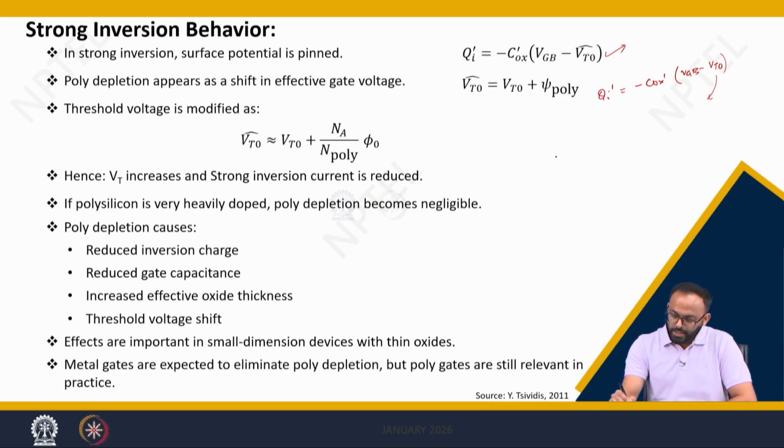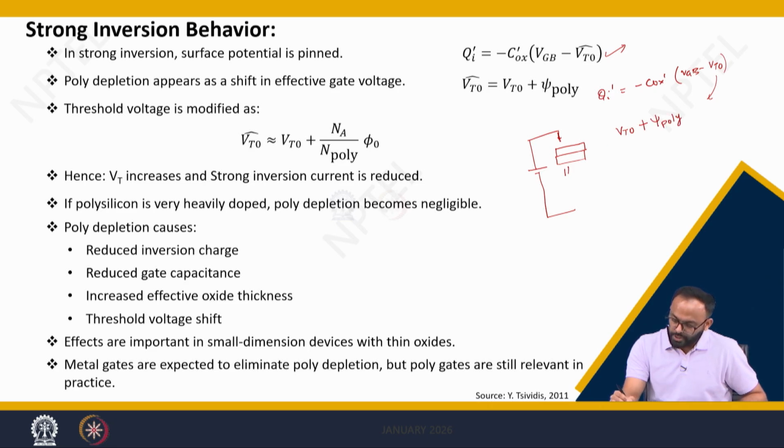However, when the polysilicon gate comes into the picture, the gate is fighting against that voltage to deplete the surface, then invert the surface, and also to deplete the polysilicon layer. That is the threshold voltage discussed earlier in two terminal MOS, when the metal gate was used; there is an additional term that will come, psi poly, because this voltage you are applying externally is also depleting your polysilicon layer, right.